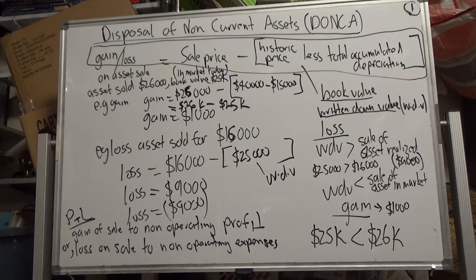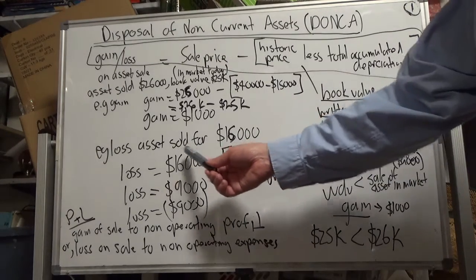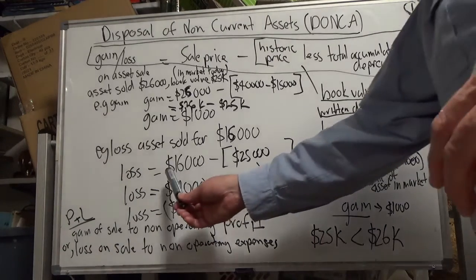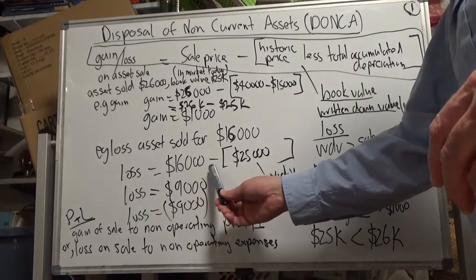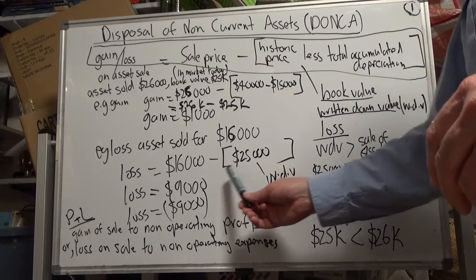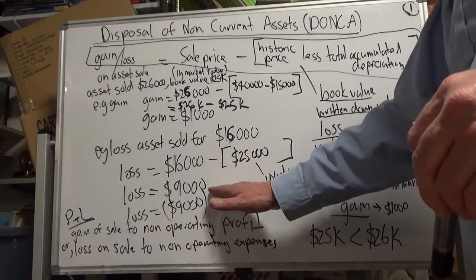So that's a gain. An example of a loss with the same written down value is the asset was sold for $16,000. So you calculate $16,000 minus the book value, written down value. 16,000 minus 25,000 gives you a loss situation of 9,000.